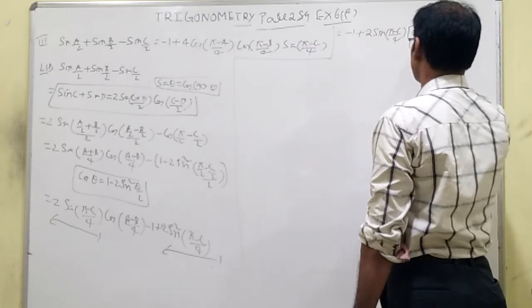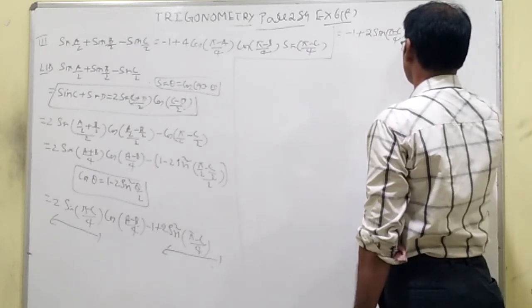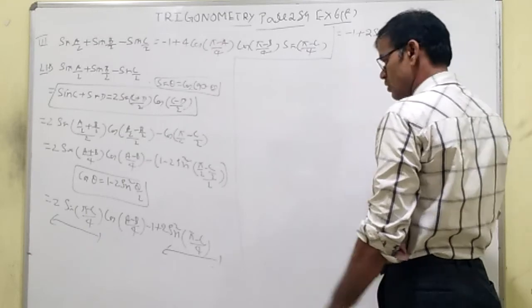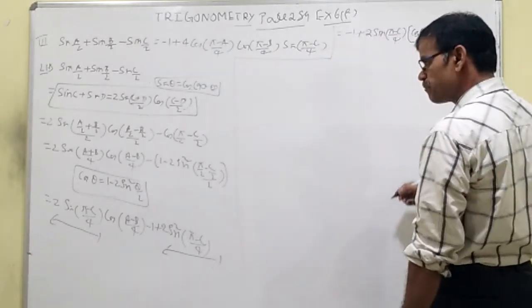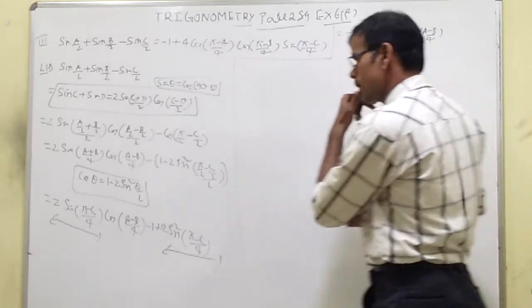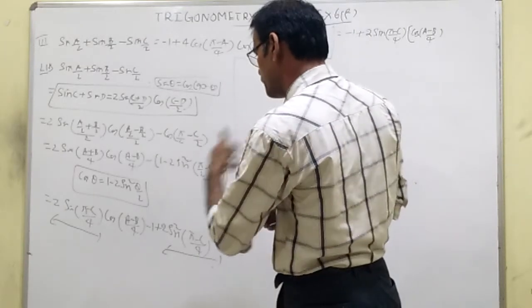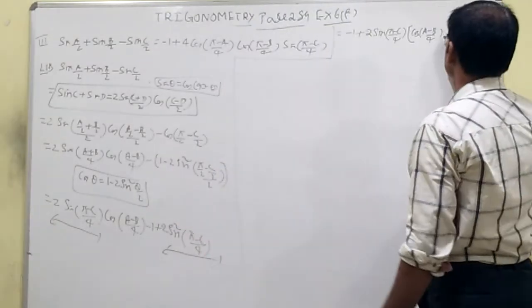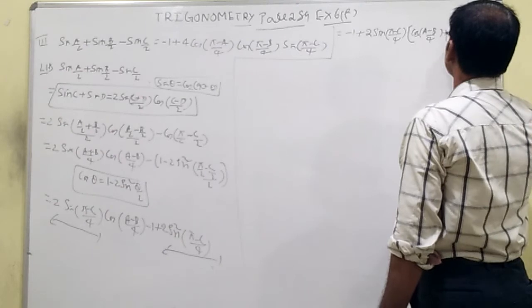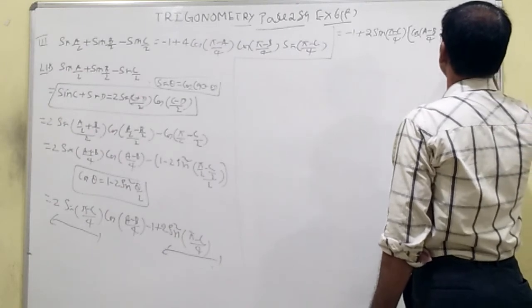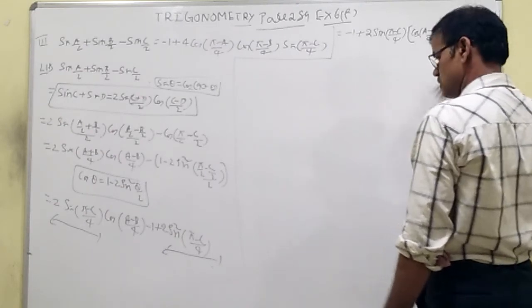Cos of (a minus b)/4. Students, 2 sin (pi minus c)/4 have been taken out. So, plus sin of (pi minus c)/4 is there.